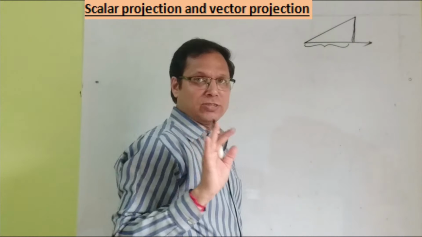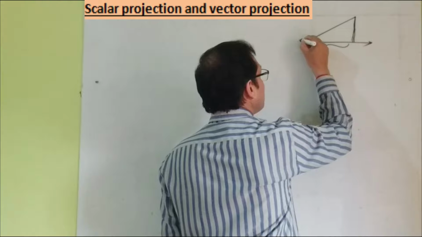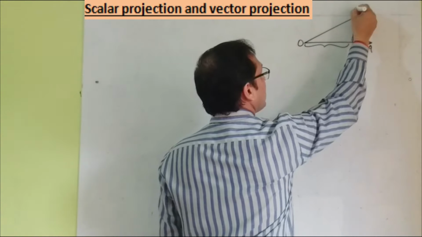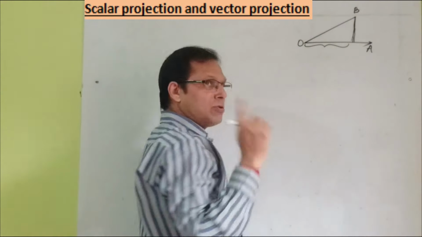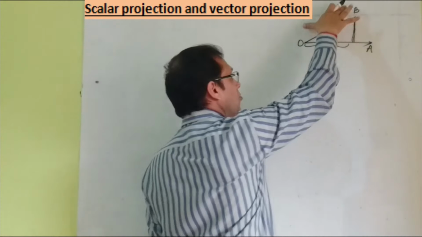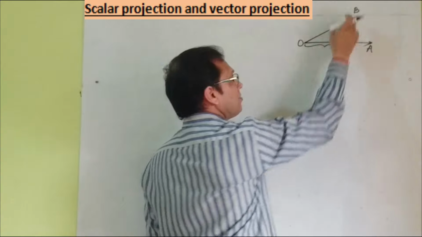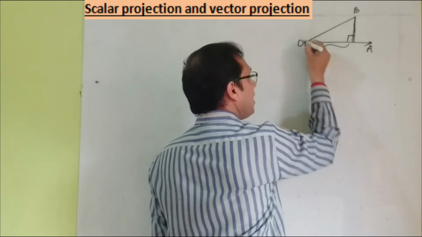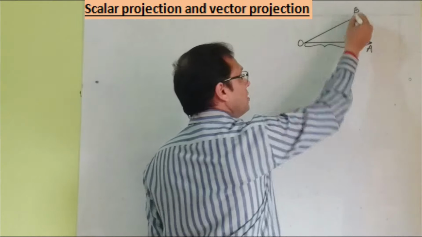Would you follow or not? So if this point is named O, this one A and this one B, you have to ask what is the projection of OB on OA. You have to drop a perpendicular from B to OA.